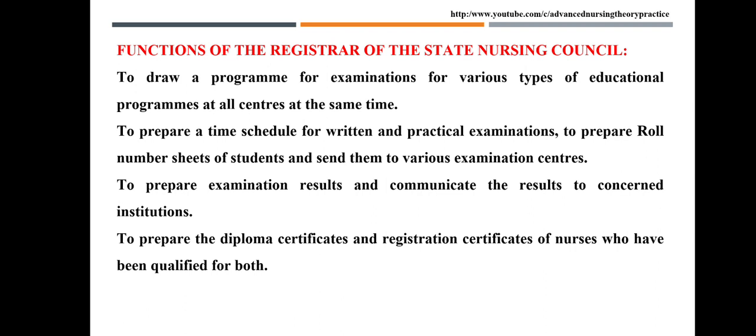Then to prepare a time schedule for written and practical examinations, to prepare roll number sheets of students and send them to various examination centers. So we have already discussed it that registrar has to prepare all these things, or necessary arrangements are to be done by registrar.